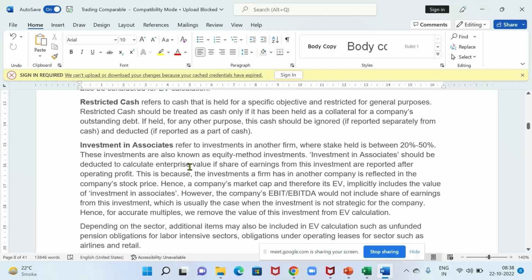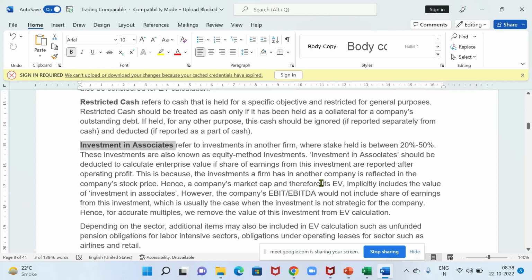So if we look at EBITDA, I told you earlier that investment in associates are a below the line item, which is shown after operating profit. Hence, when we calculate EBIT or EBITDA, these are not reflected in that. So when we are computing EV by EBITDA or EV by EBIT, my EBITDA or my EBIT is not including the investments in associates. However, my EV is.